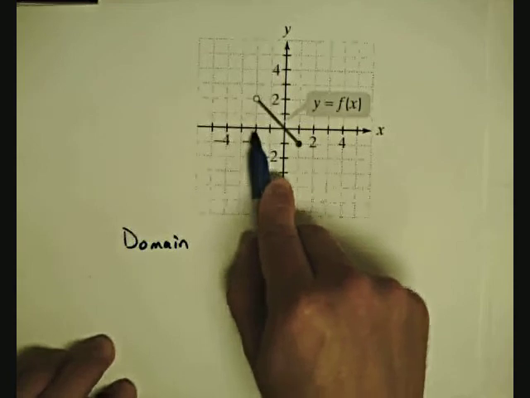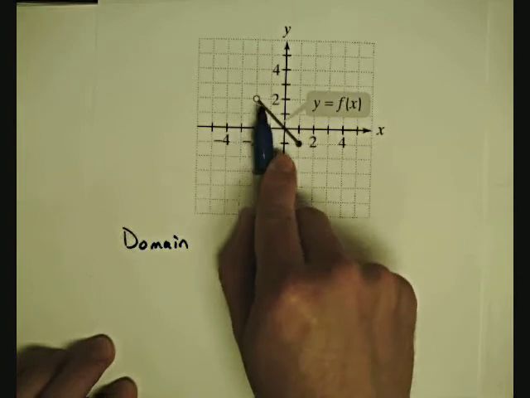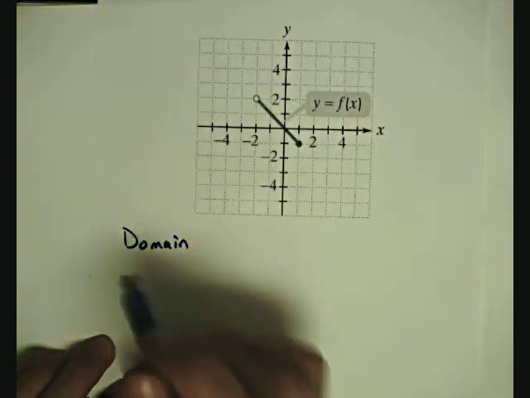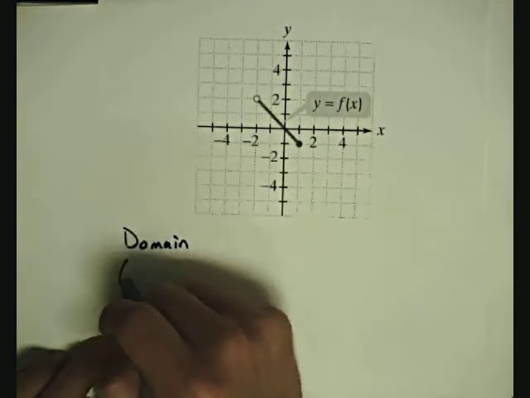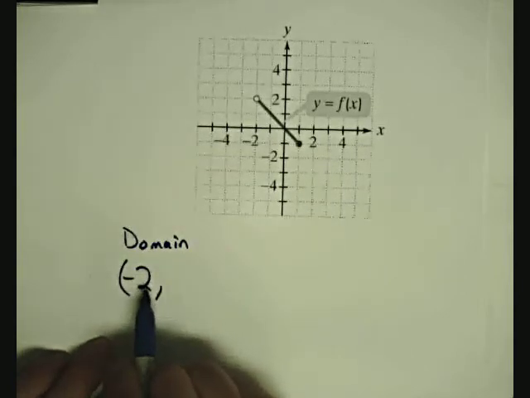On this function though, we have an open circle, and an open circle means that that point is not included in the graph. The graph gets as close as you would like to that point, but it's not actually included there. So here we'll say our domain starts at -2, but with a parentheses because x never reaches -2.